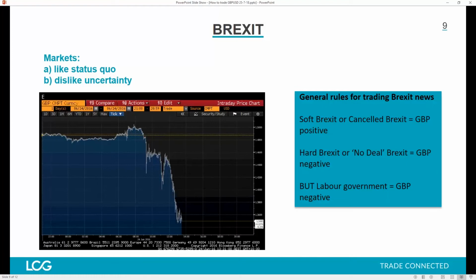So you've got to play off those two little features. You don't really like Brexit, but you also don't like a Labour government as a sterling trader. Or if you're going long sterling, that is. Obviously, you can go short and love it.